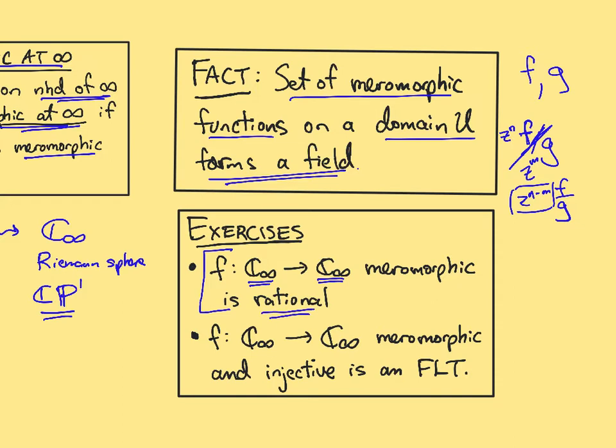And another good exercise is that if you have a meromorphic function from C infinity to C infinity, if it's also injective, you can show that it's a fractional linear transformation. And from this, you can show that all of the meromorphic bijections from C infinity to itself are actually the fractional linear transformations, which justifies how we used them earlier.